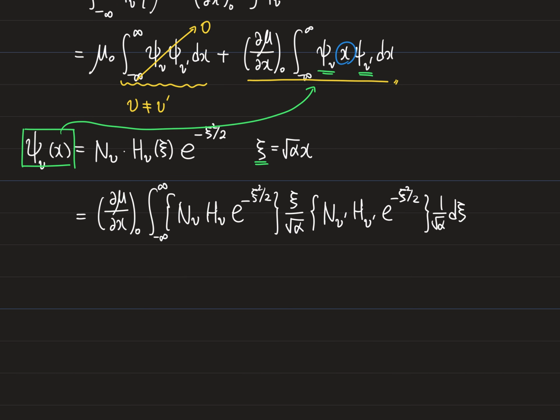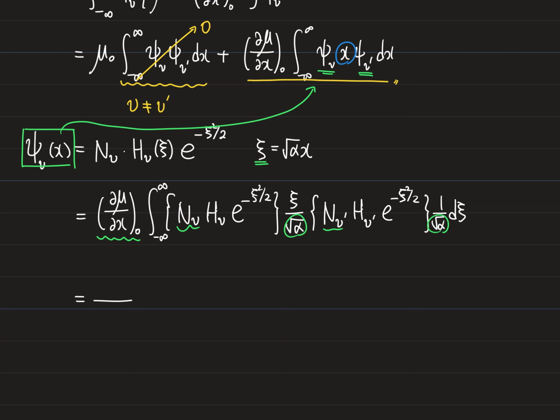Now we collect the constant terms, this one, this one, this one, and this one.